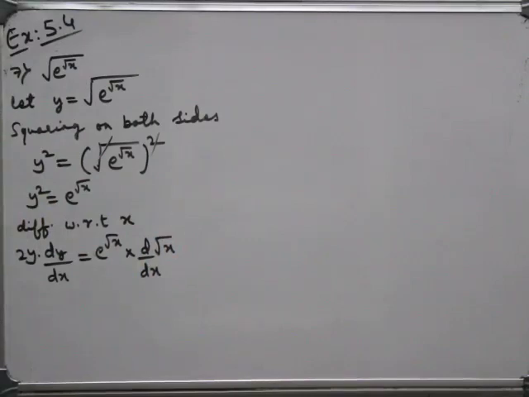So what I have done here, I have just squared both sides and then whatever the value I got after squaring, I have written it and then I have differentiated. So differentiated value is 2y into dy by dx is equal to e to the power of root x into differentiation of root x. Okay.